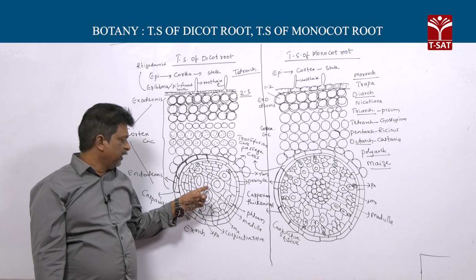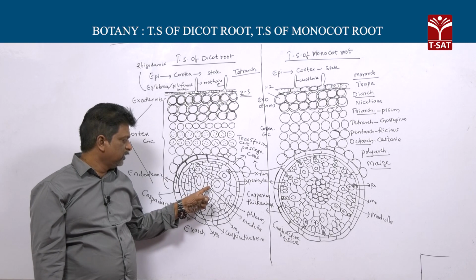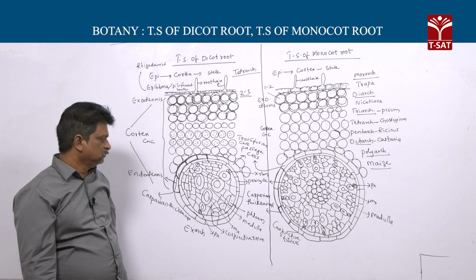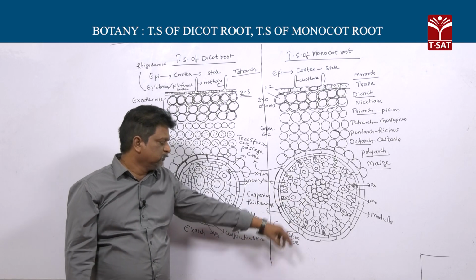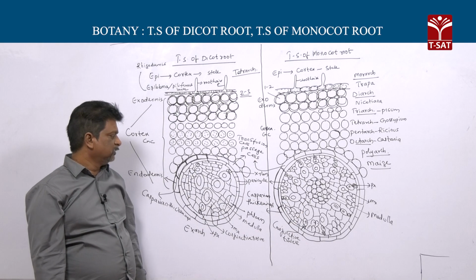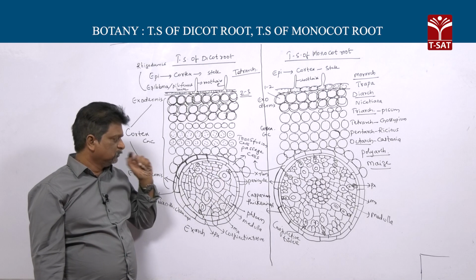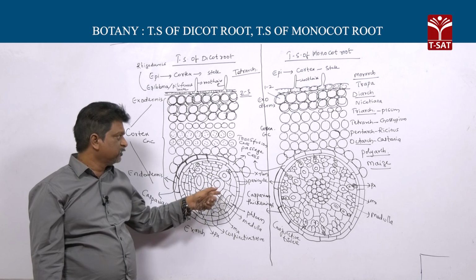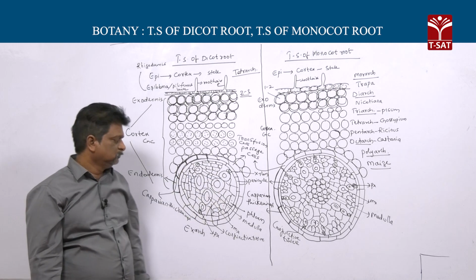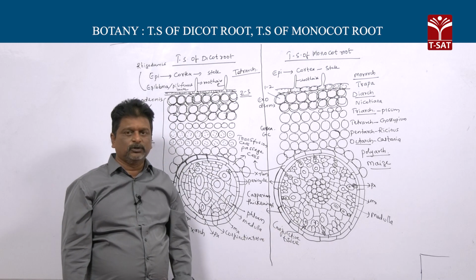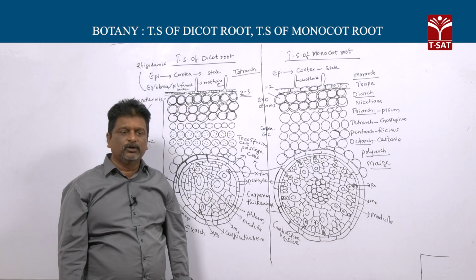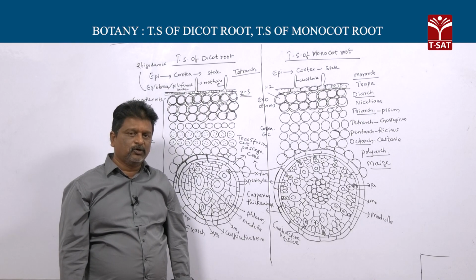Then in dicot root, medulla is reduced. In monocot root, medulla is enlarged. In dicot root, limited vascular bundles are present. Common is tetrarch. In monocot root, numerous vascular bundles are present, called polyarch.